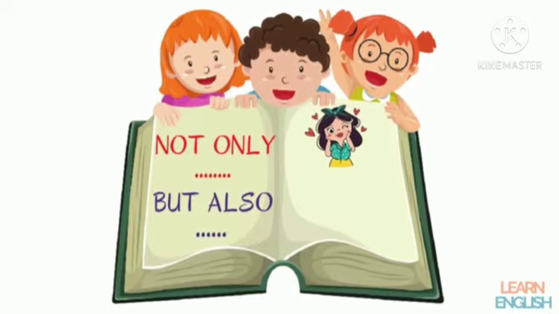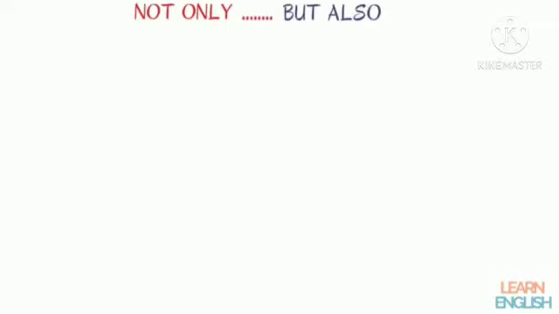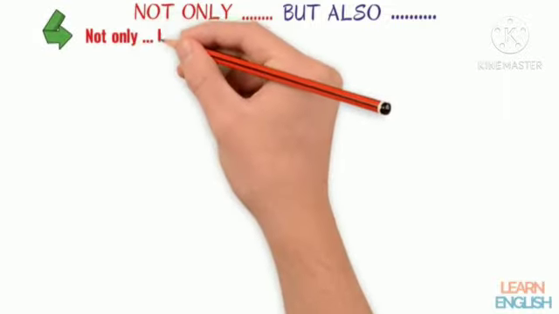Not only but also is used to combine two qualities. What all things do we want to take care of when we are combining these two qualities?